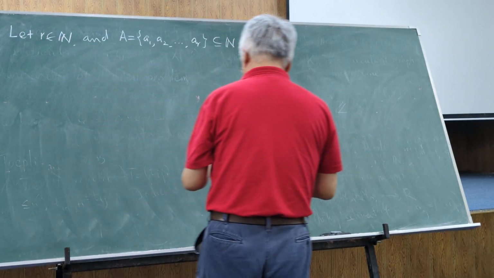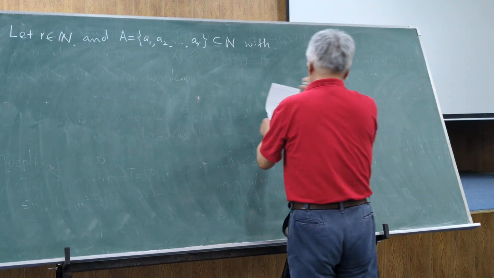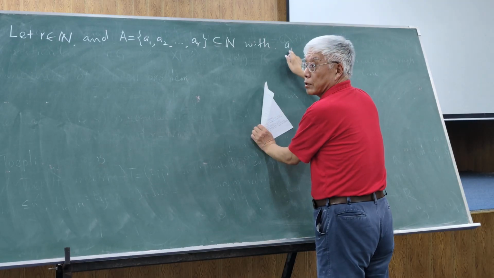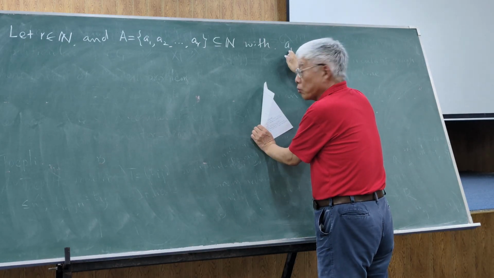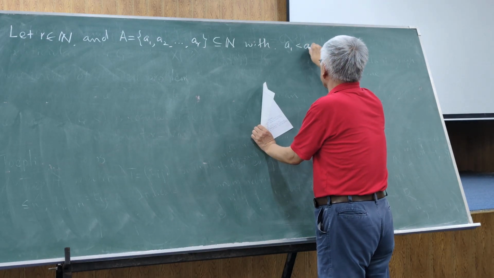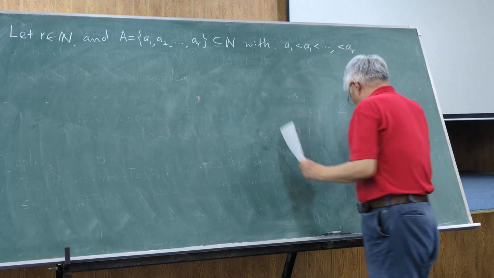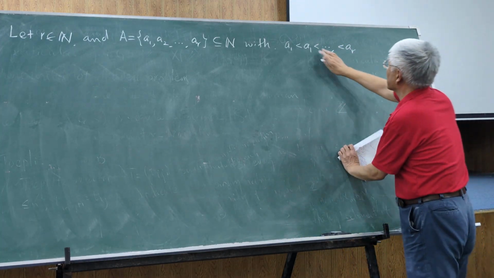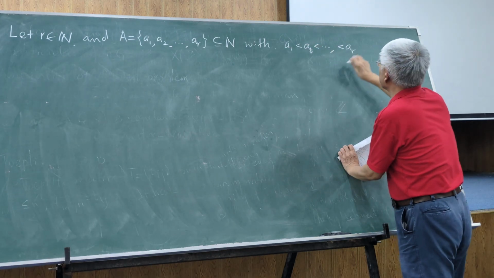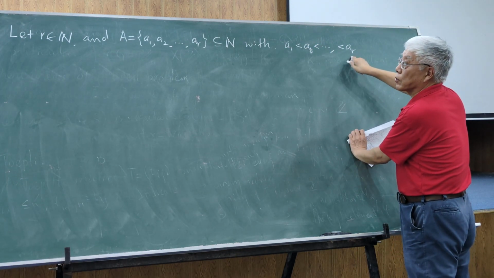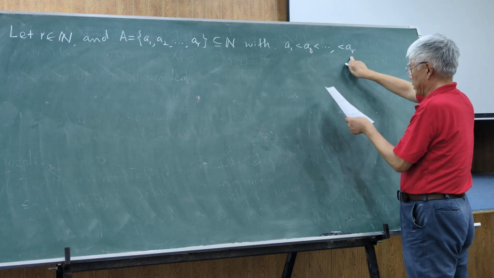So we have a1, which is at least 2, we don't even write it. There should be a2, a1 strictly less than a2, and so on, and the last one is less than or equal to n.